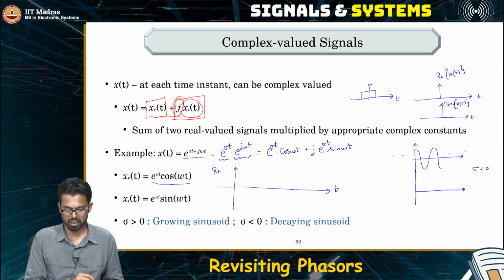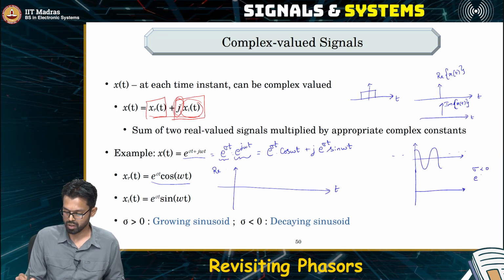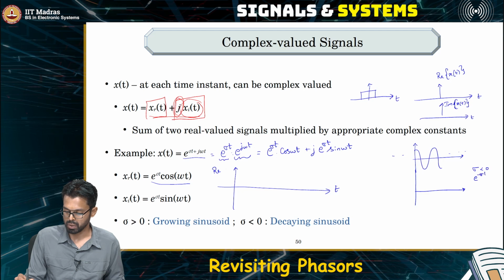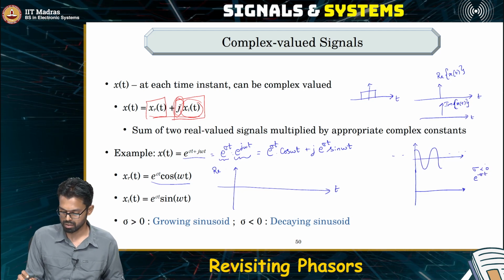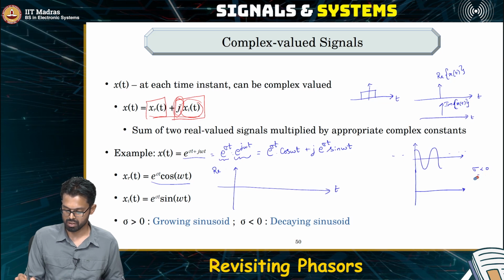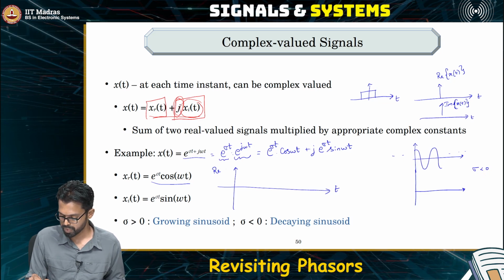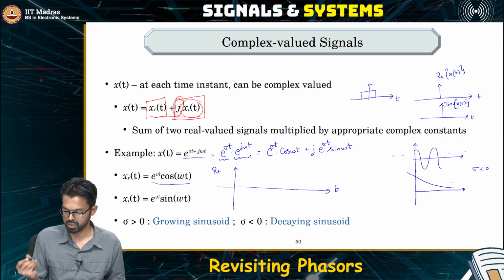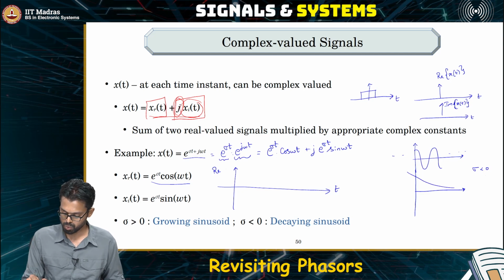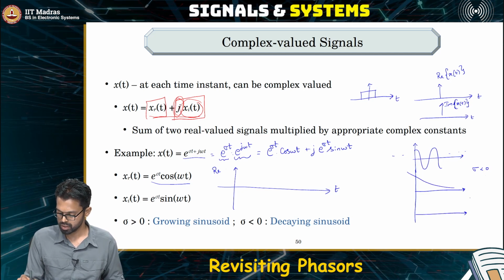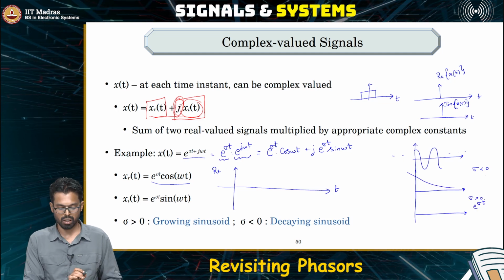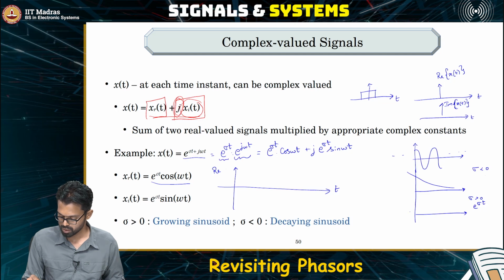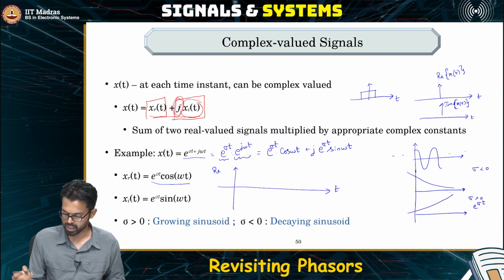Then we have e power minus sigma t, where the minus denotes that sigma's value is less than 0. So it's a decaying function. In this case you'll have something like this. What if sigma is greater than 0? Then we'll have e power sigma t. It's a growing function, so it will grow something like this.